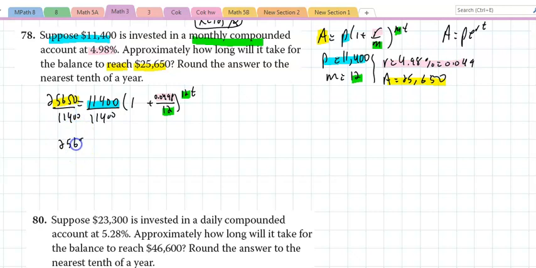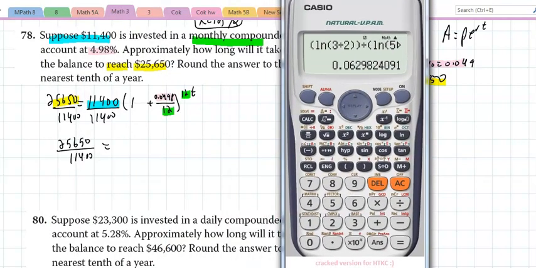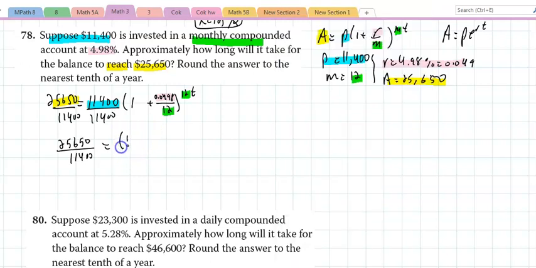So I have 25,650 divided by 11,400 equaling 1 plus 0.0498 divided by 12, and let me see if that could add up to a fixed value that will be good. 1.00415. Do you see that this is an exponential equation?